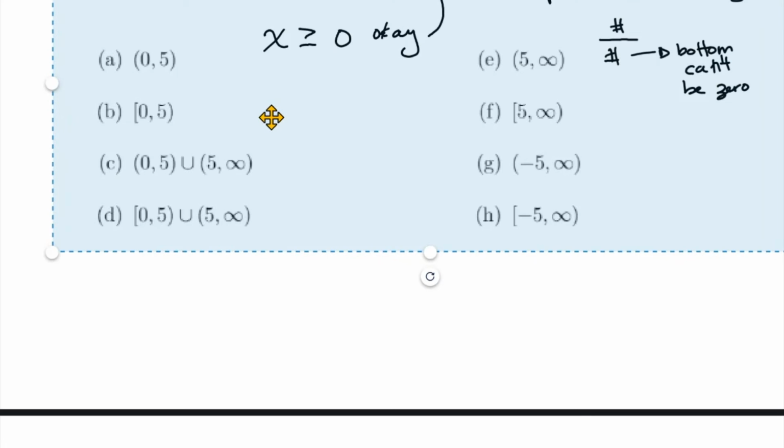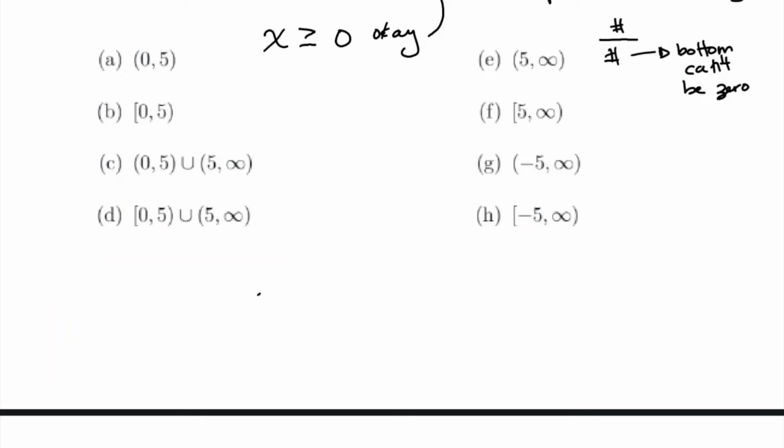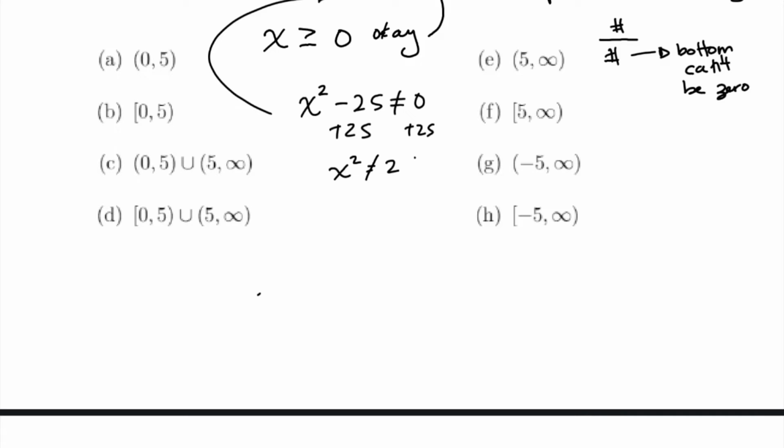So let's figure out when the bottom is not equal to 0. We just don't want it to be 0. So I'm going to add 25 to both sides, and we get x squared cannot equal 25.